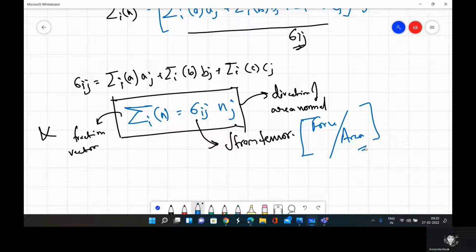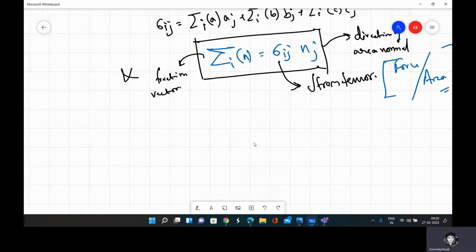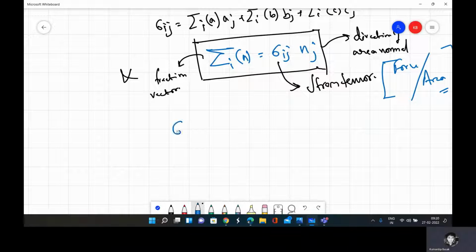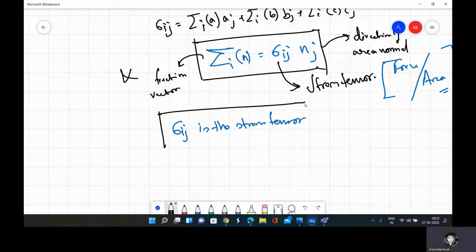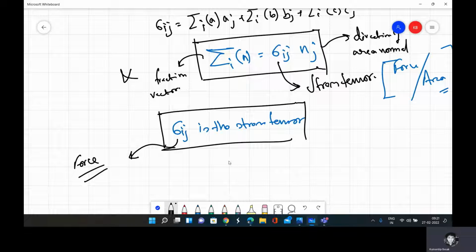So let's write this clearly here: sigma ij is the stress tensor, where the ith component gives me the direction of force, and the jth component gives me the direction of the normal, but it is not itself dependent on that normal.